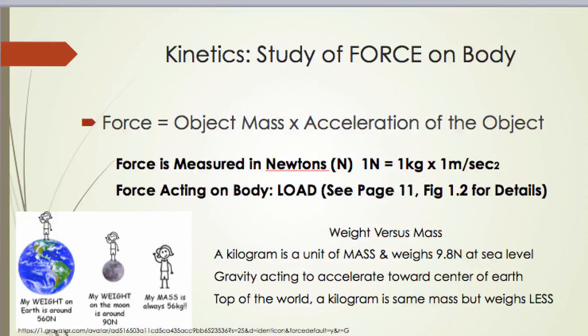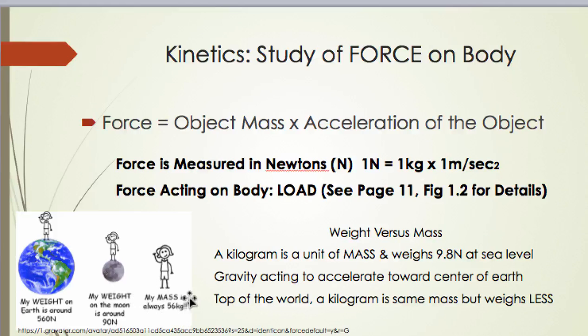So here we are on the earth. This 56-kilo person standing on the earth produces 560 newtons of force. If you put that same person on the moon, they're going to weigh 90 newtons, even though their mass has not changed.